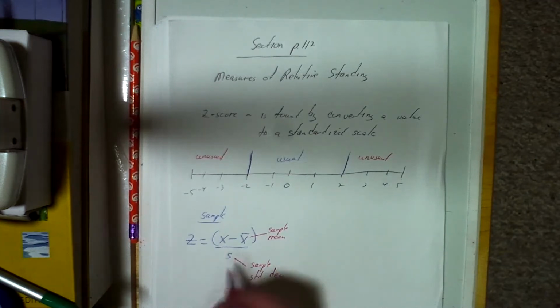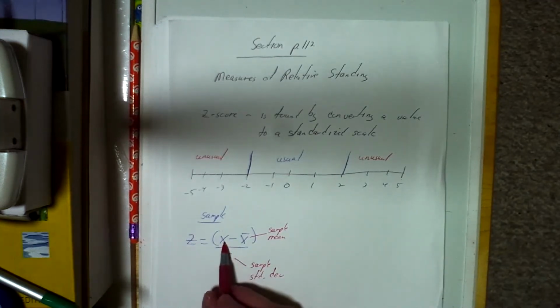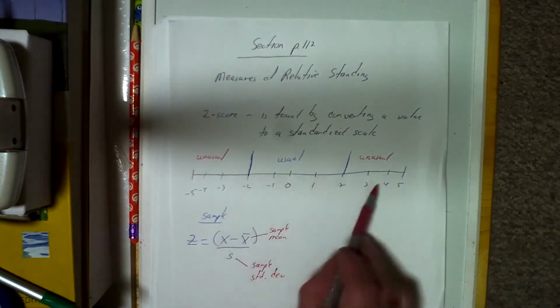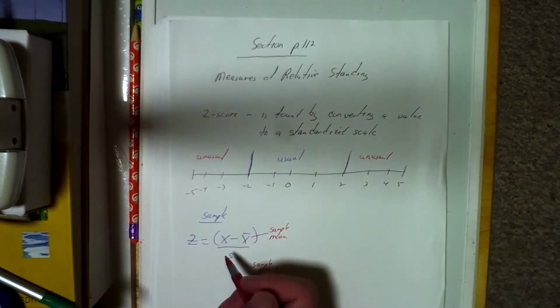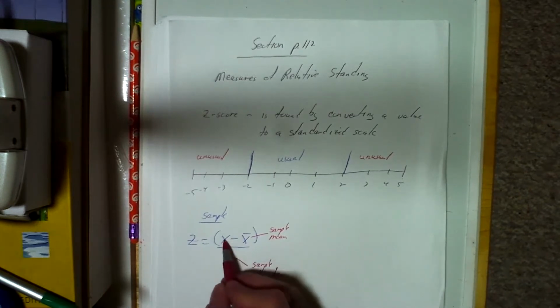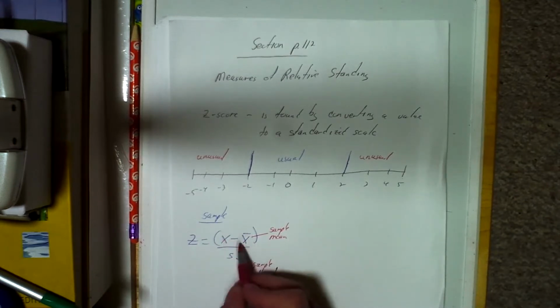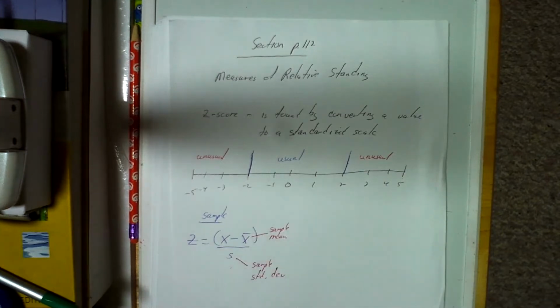When you plug them in, x is the value that you're going to measure, to see where it falls on this scale. Let's say I want to record your height and see whether it is usual or unusual. You put in your recorded value, subtract the sample mean, and then divide by the sample standard deviation. You get that number, and then you plot it. That's the sample formula.